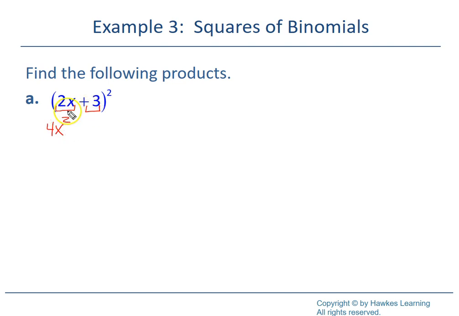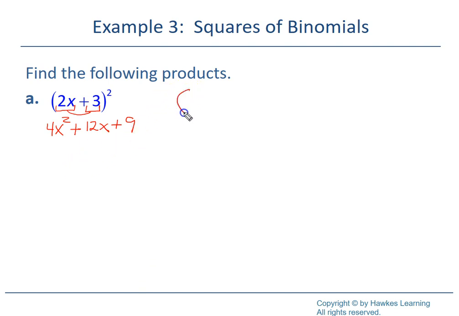Now you're going to multiply these two together, which is 6x, and then you double it. And of course the middle sign comes from right there. So 6x doubled is 12x. Then you square this term here, and that gives you a 9.